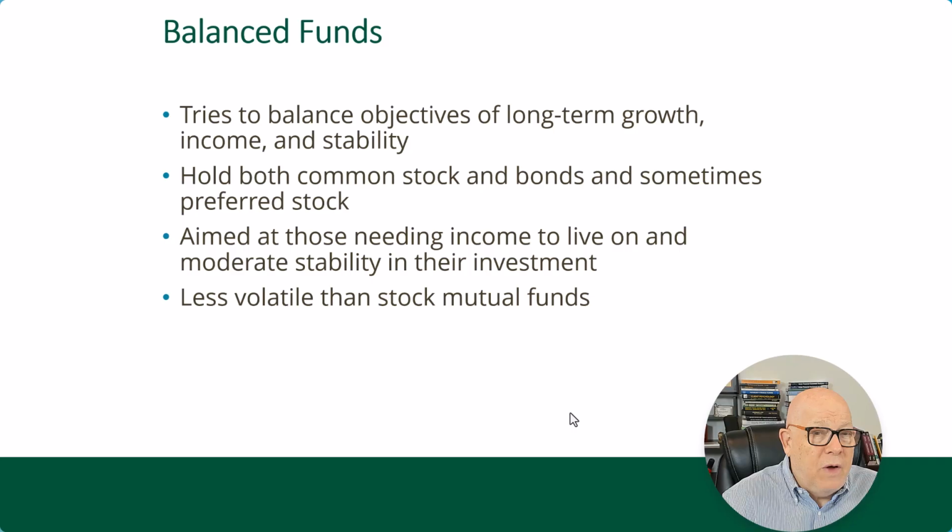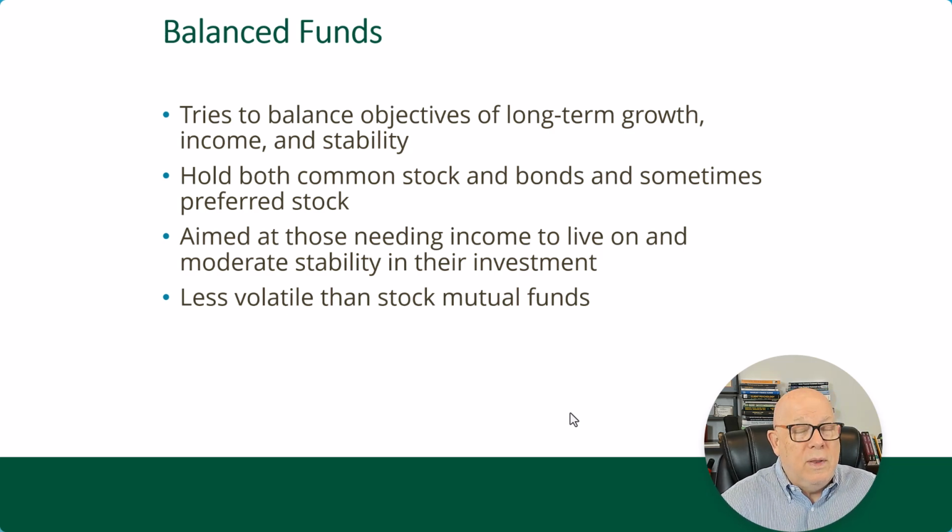There are balanced funds. Let's say you decide that you want 80% of your portfolio in stocks and 20% in bonds. You can buy several ETFs to invest the 80% in stocks and several ETFs for the 20% in bonds, or you'll find a balanced fund where the investor's objective is to put 80% in stocks and 20% in bonds.